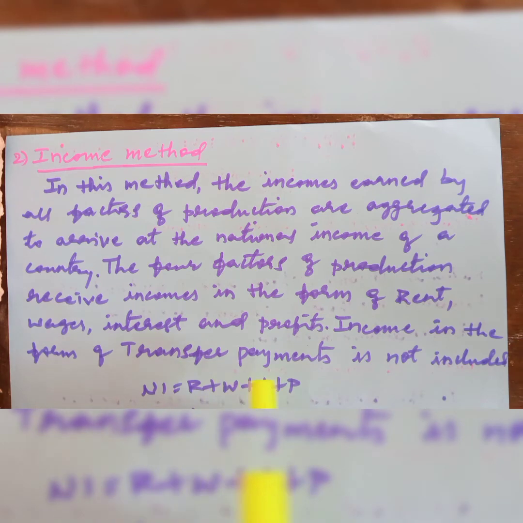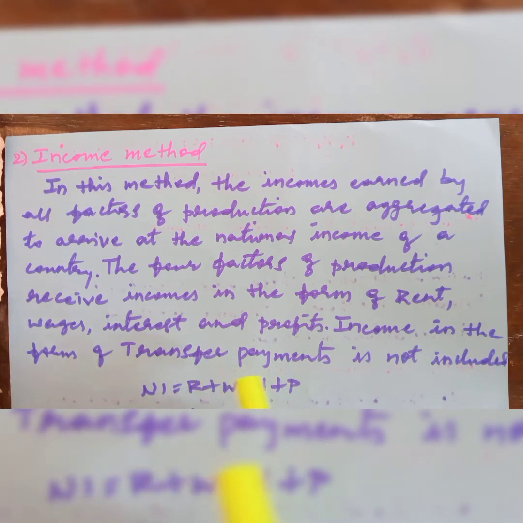Income in the form of transfer payments is not included. So what are the examples of transfer payments? Like pensions. This pension is not included in the income of the people. Why? Because transfer payments belong to the government.